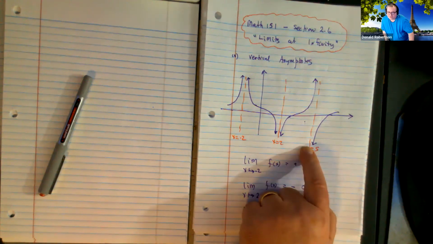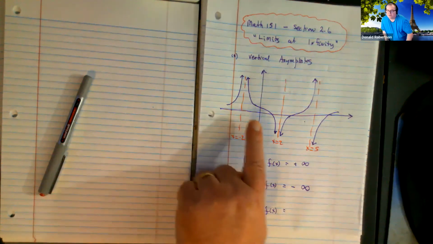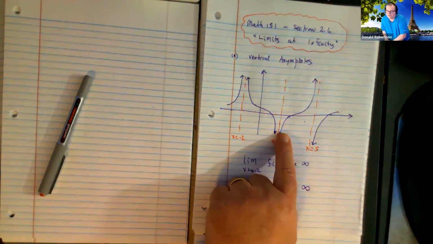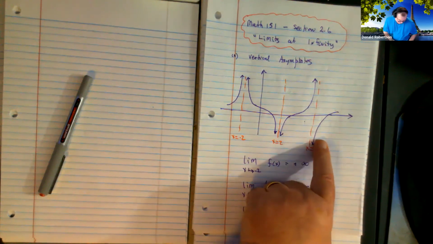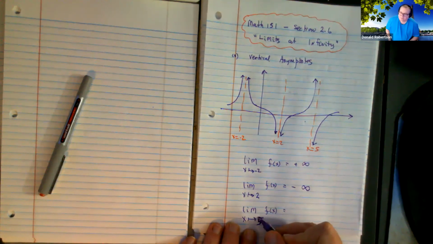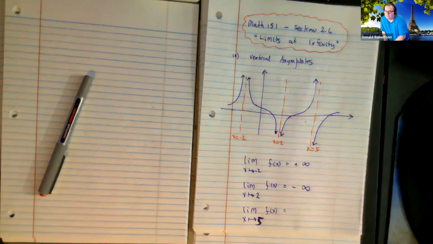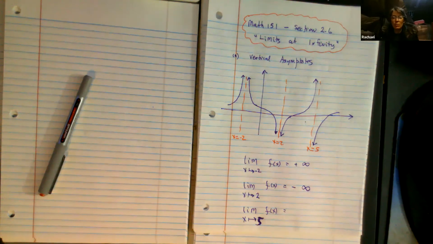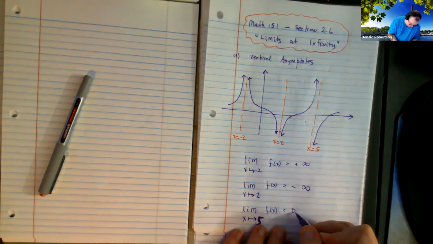This one has a plus infinity, this one has a negative infinity, but what about this one? Does it have an overall limit? No. Correct. And we will say does not exist.